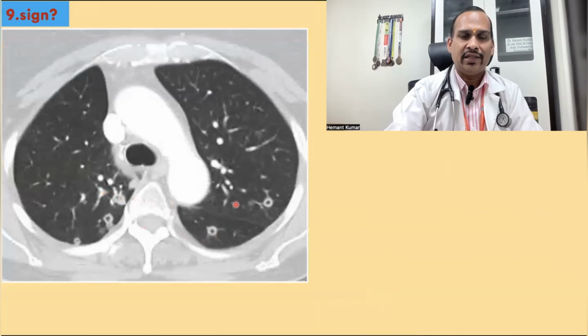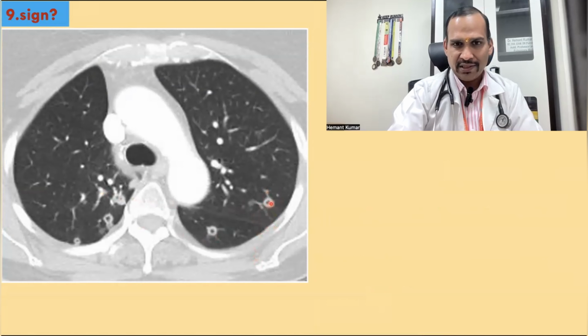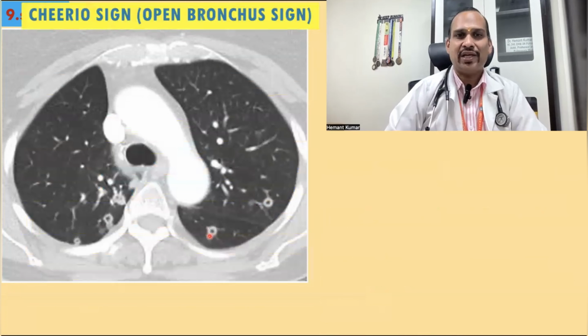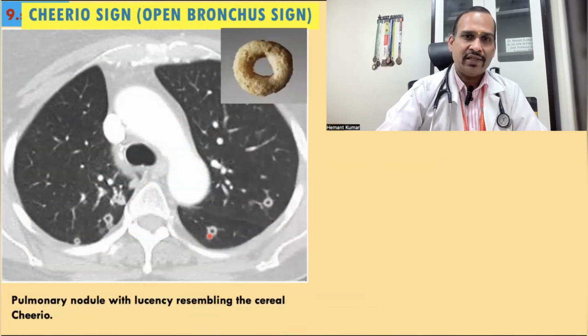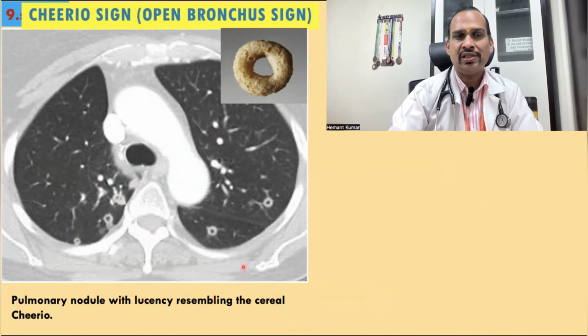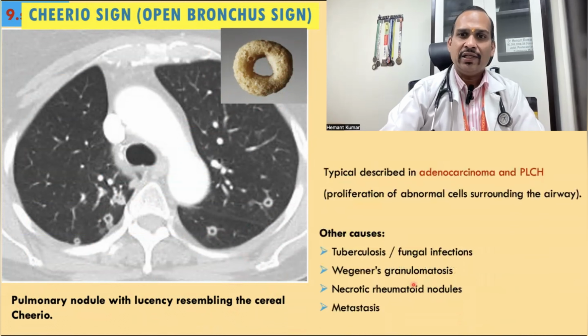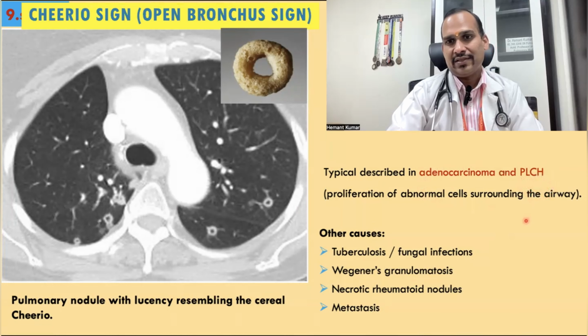Now number 9. So what are these opacities, ring shadows? Very good. So this is cheerio sign or open bronchus sign. This looks like a cereal Cheerio. So this is a pulmonary nodule with lucency resembling the cereal Cheerio. It is typically described in adenocarcinoma and PLCH.